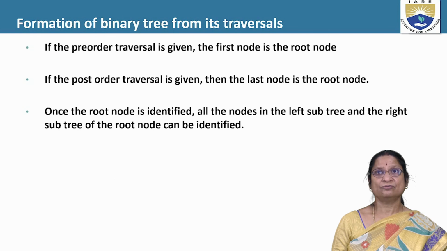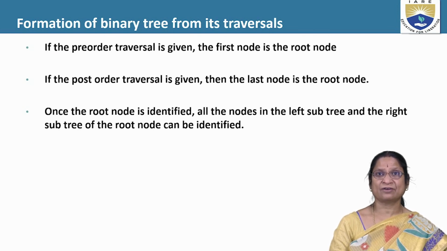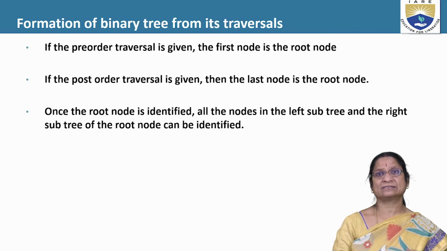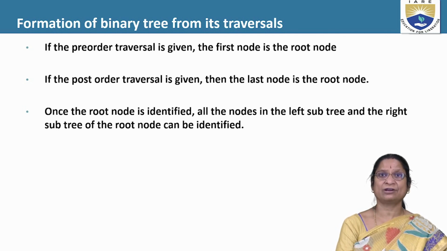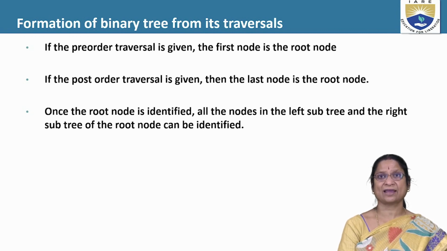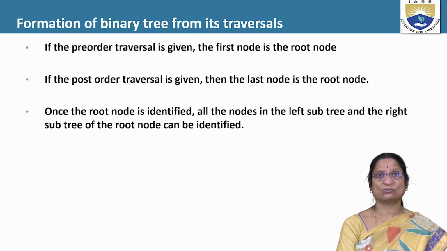So irrespective of the order of traversal we use, all of them have the same time complexity, whether it is a recursive or non-recursive procedure. But space complexity needs some additional space to manage the stack, in both recursion and non-recursion.